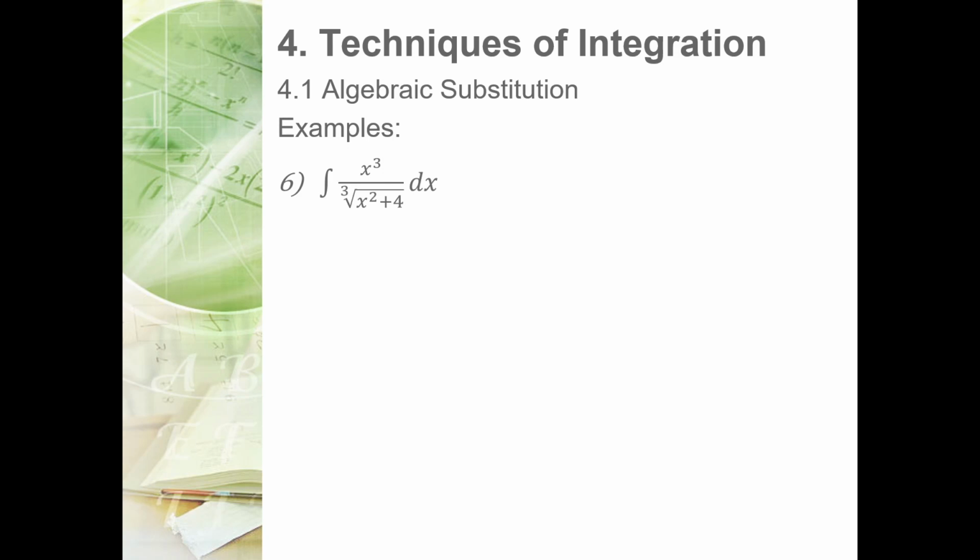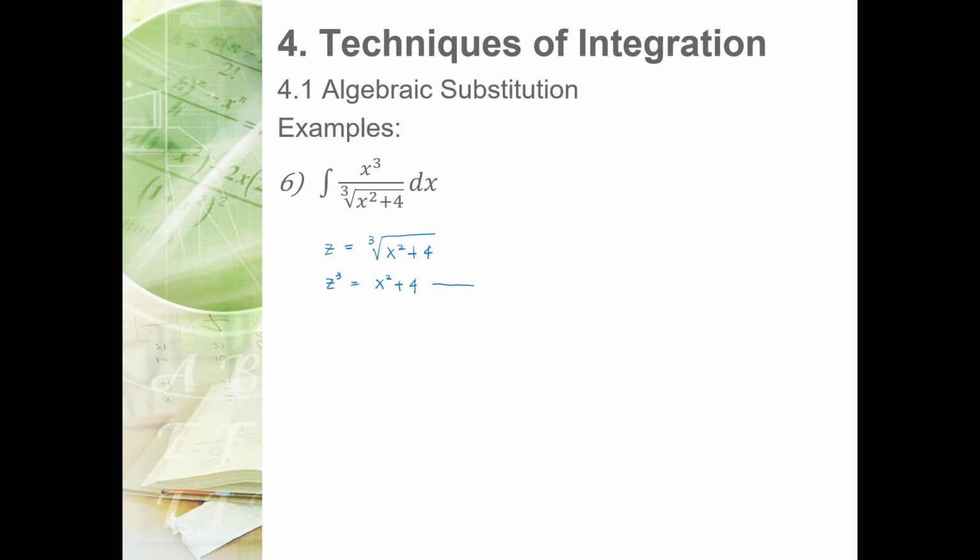So we have here the integral of x cubed all over the cube root of x squared plus 4. Again, we try to eliminate the radical expression. So z equals the cube root of x squared plus 4. Getting the cube, z cubed equals x squared plus 4.